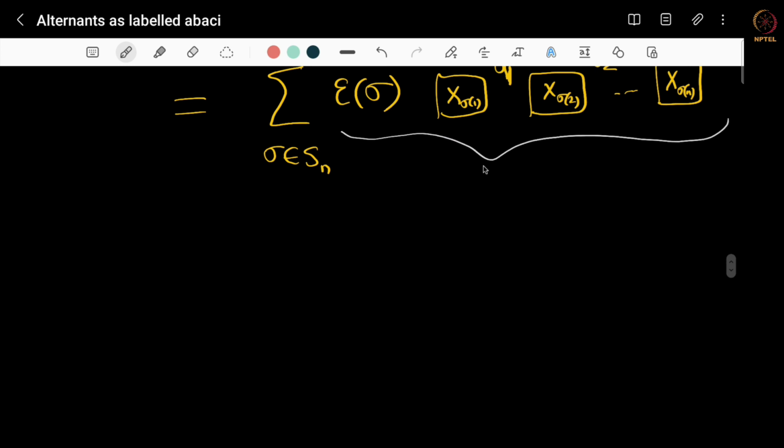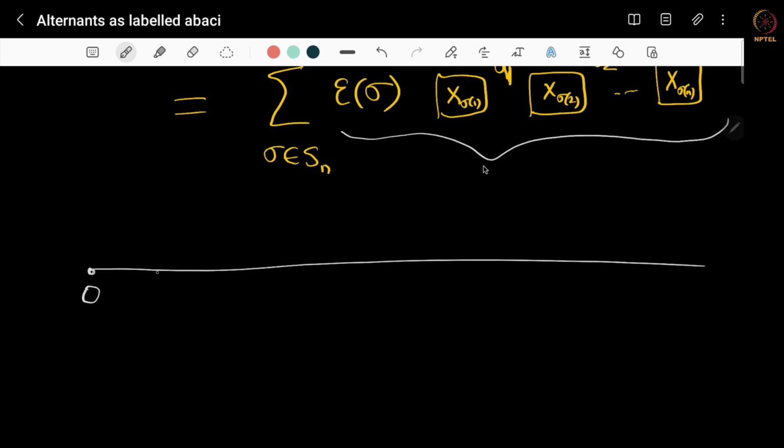Okay, so first let me draw what looks like the number line. I mark some positions on it, 0, 1, 2, 3, 4, 5, 6, and so on. And what I'm going to do is to think of this as positions of beads. So this is like a runner, and I'll now start putting some beads on this.